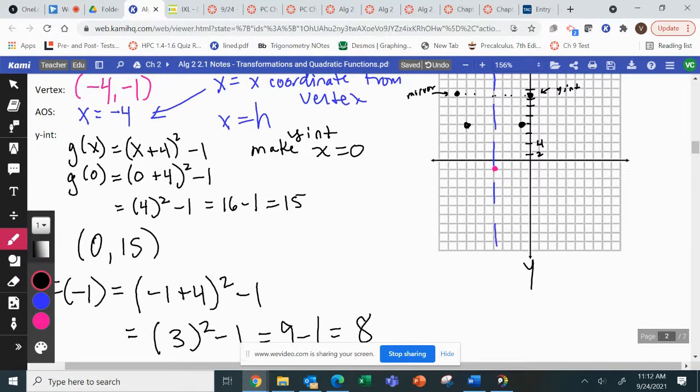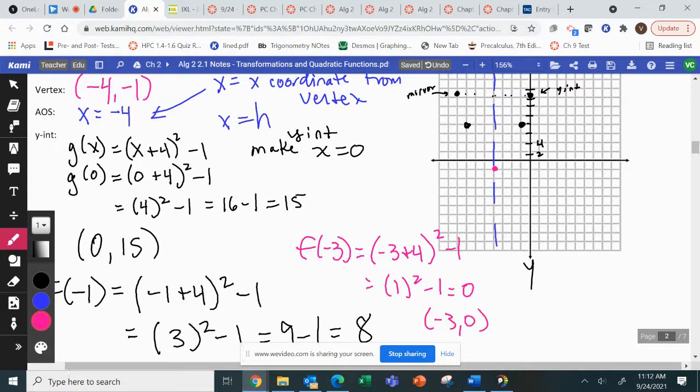Let me just do another one. Let's pretend somebody was like, oh, I'll show her, I'll plug my own number in. And did -3 plus 4 squared minus 1. So that would be 1 squared minus 1, which is 0. So -3, 0 should also be on the graph. And that has a mirror point there.